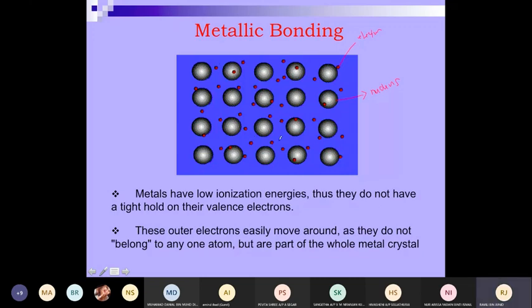So that's why it can be seen as a sea of electrons. This is the reason why metal is electrically conductive, because the electrons are very free to move around the structure. The outer electrons easily move around as they do not belong to any one atom, but are part of the whole metal crystal.